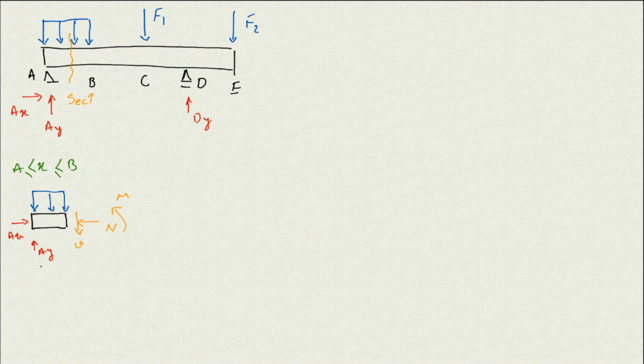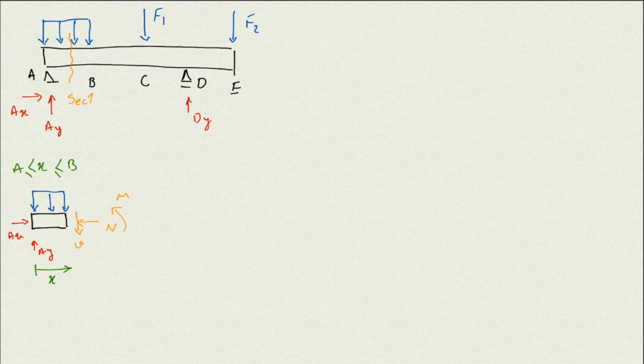Also this distance is going to be x. So x always starts from the very left of the beam, always from A to the section. That's going to be the x for our section. For this section, I first need to replace this force with, let's say, the resultant force.